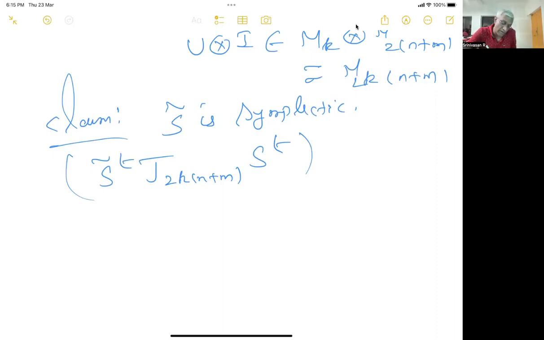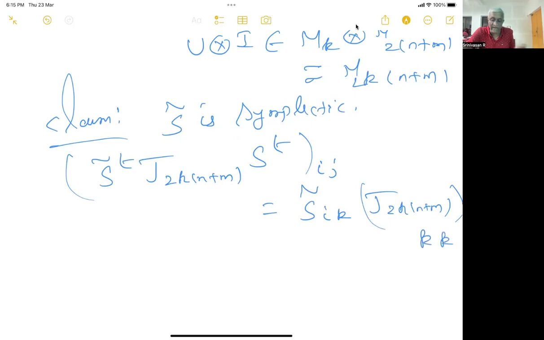If you want to take the ij-th block, not the ij-th entry, the ij-th block is going to be S tilde_{ik} times J, and for it to be non-zero it has to be the same k, k prime.